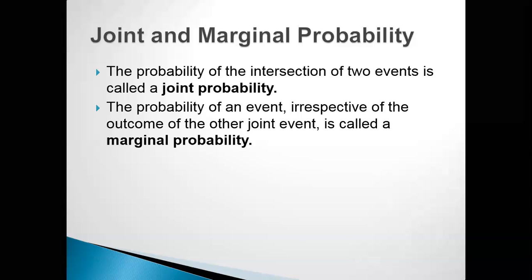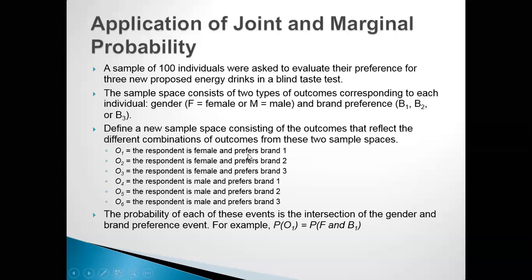If both events are happening simultaneously but are not mutually exclusive, nothing common in both of them, then it's called a marginal probability. The probability of an event irrespective of the outcome of the other joint event is called marginal probability, right.